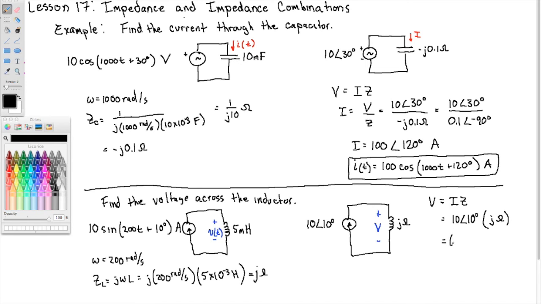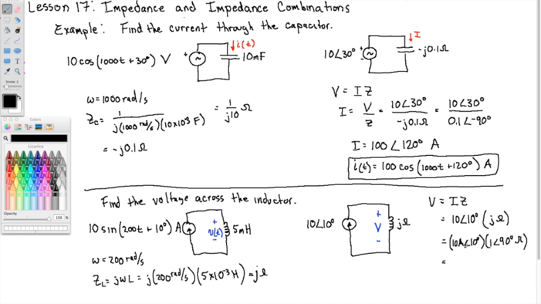I left off the unit before. Well, multiplication is best done in polar or exponential form. So this is 10 amps angle 10 degrees times J, which has a magnitude of 1 and an angle pi over 2, or 90 degrees.